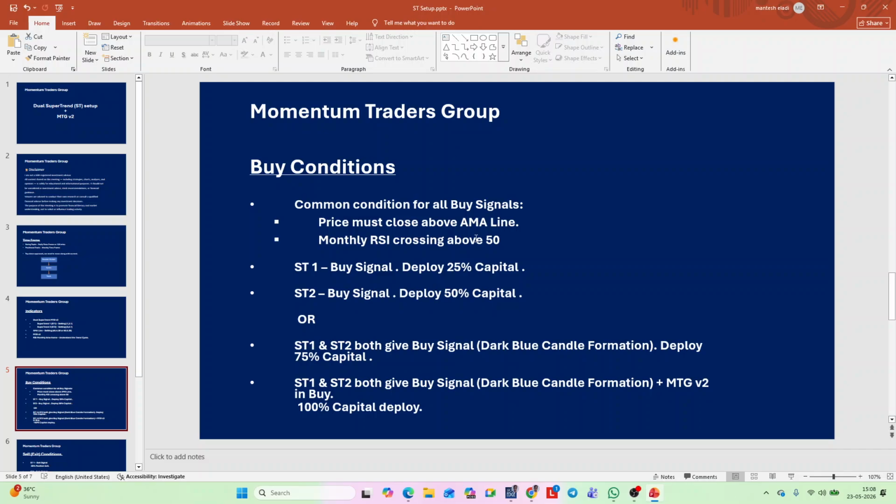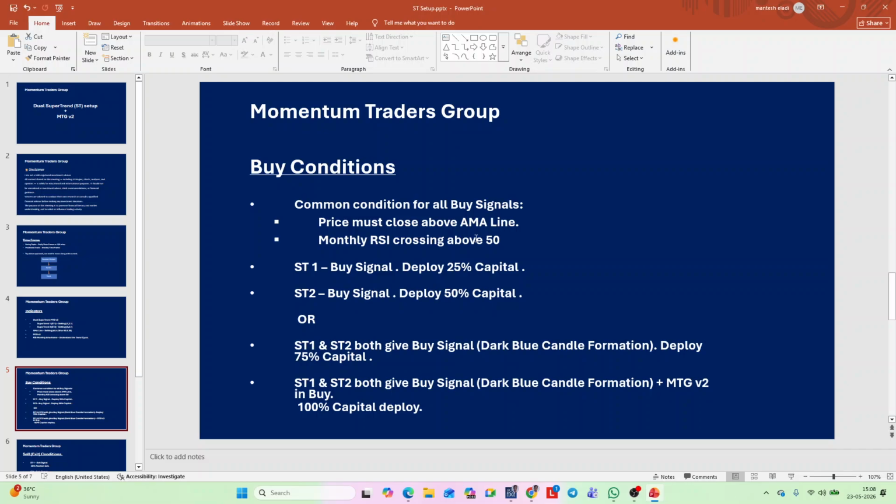Yeah. The third buying criteria is, at any given point of the day, if super trend 1 and super trend 2 both give a buy signal on the same day, you can go ahead and deploy 75% capital, or depending upon the market condition and the technical analysis of the chart, you can even deploy 100% as well.